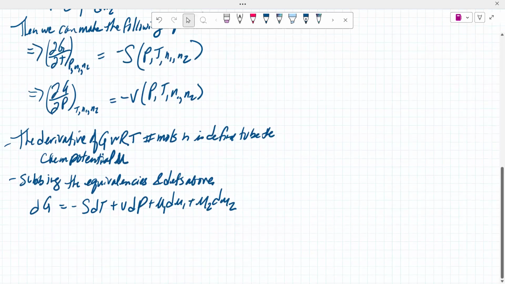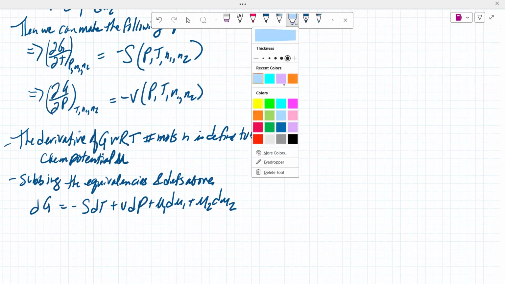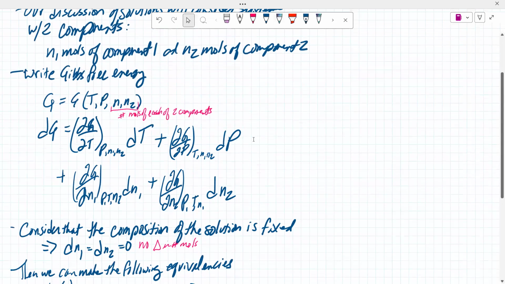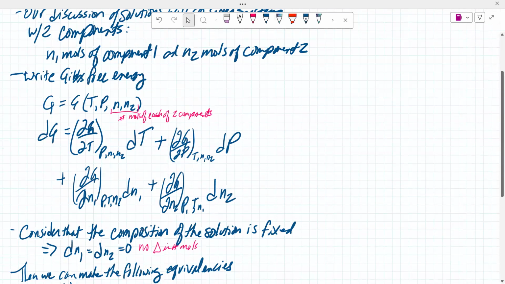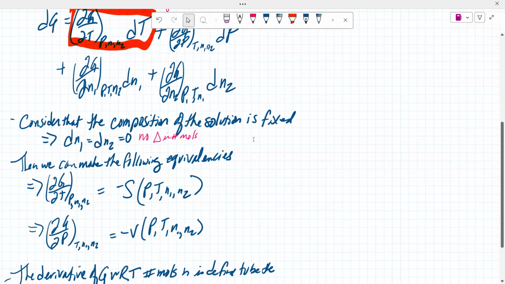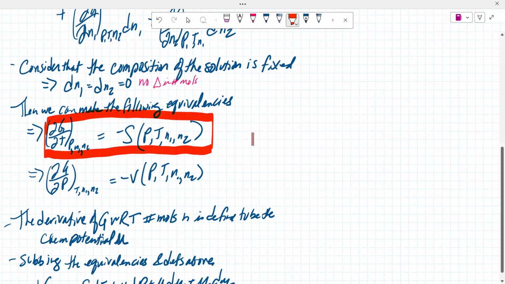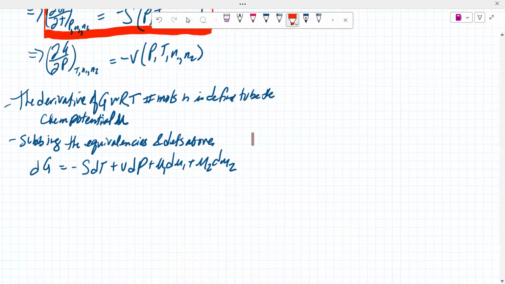We could even color code pieces so we can keep track of them. So shall we do it in rainbow order? Let's have a red one. It's this one dT, which has to do with this information here, which corresponds to this term here.